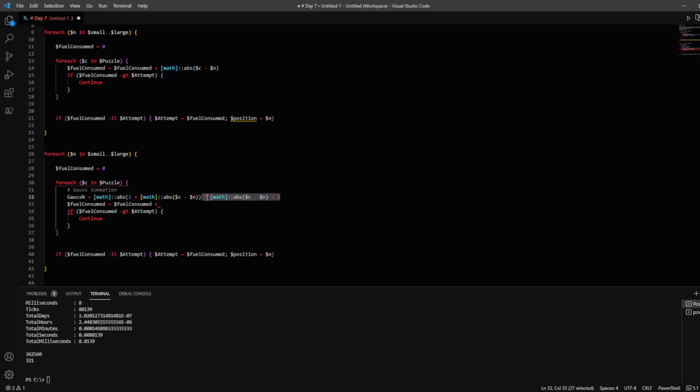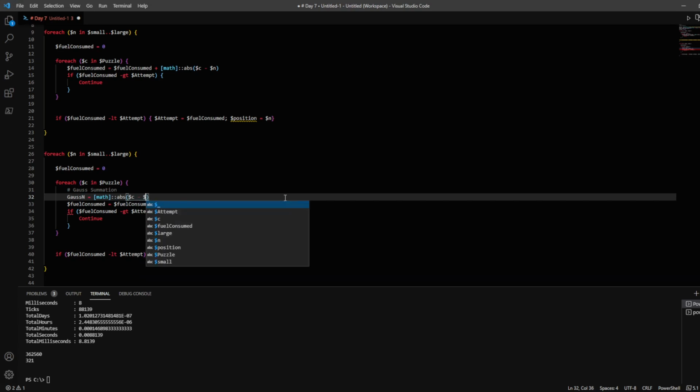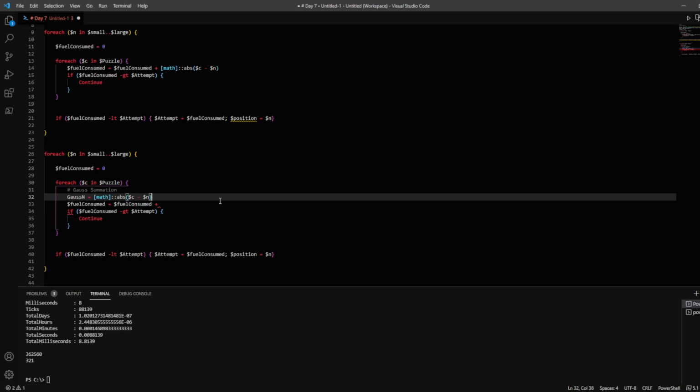So this is too much. So what we need to do is just back down to just what the n is, because we're going to add everything else in later. Oh whoops, I did too much here, that's what I did. So abs of c minus n, that is our Gauss number.